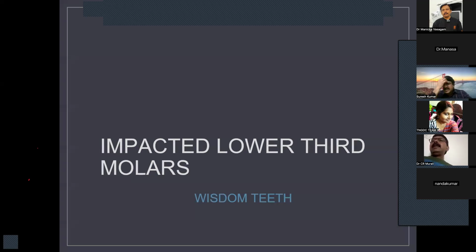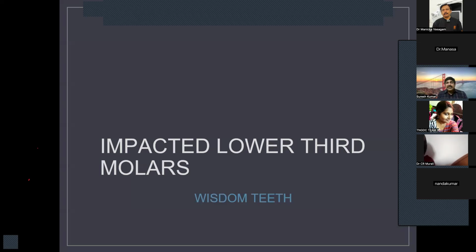At this juncture, I want to ask you, do you know why it is called a wisdom tooth? Because patients sometimes can ask you why you call it a wisdom tooth. Does it have a direct connection to wisdom or not? A very interesting thing. It is called a wisdom tooth because the age of eruption of the third molars is around 18 years, or in the range of 18 to 25 years. When a person goes to college or university and attains a degree, the timing synchronizes.